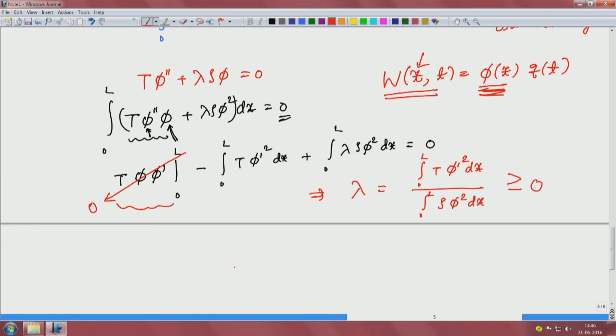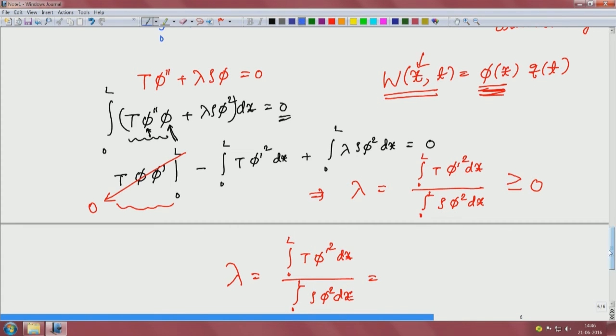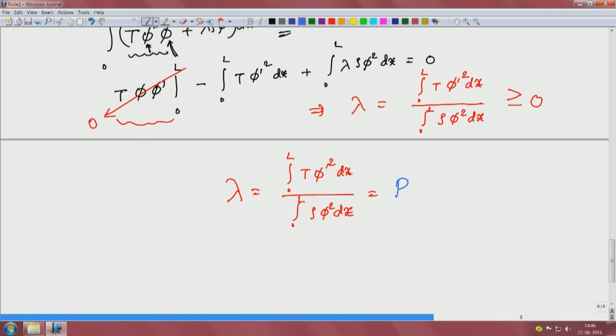So, this lambda that we got as a ratio has a name, and that name is the Rayleigh quotient.